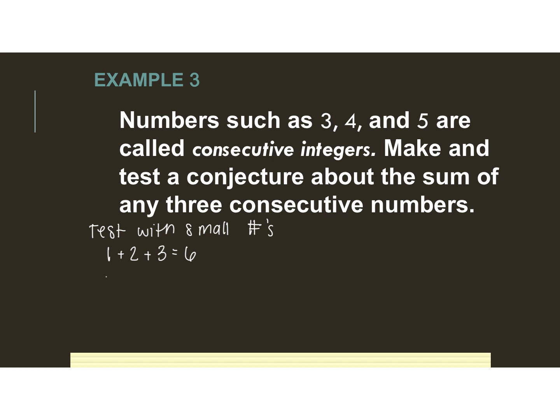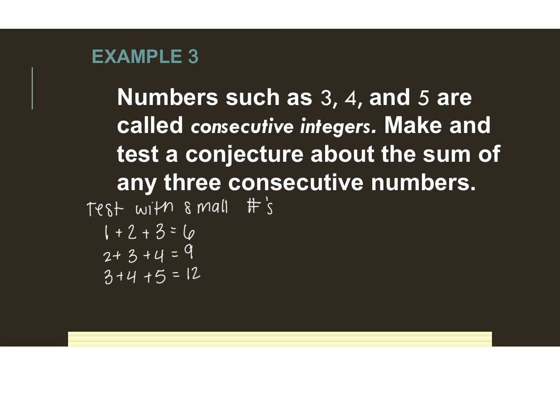Again, adding small numbers, 2 plus 3 plus 4, I'm going to get 5, plus 4 would give me 9. 3 plus 4 plus 5, I'm going to get 7 plus 9 is going to give me 12. Do we see some sort of pattern? So 6, 9, 12. I'm going to try one more, 4, 5, and 6.